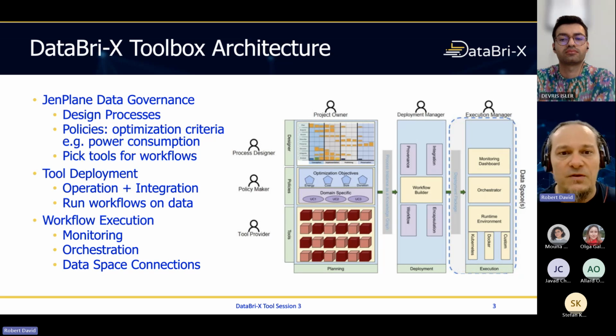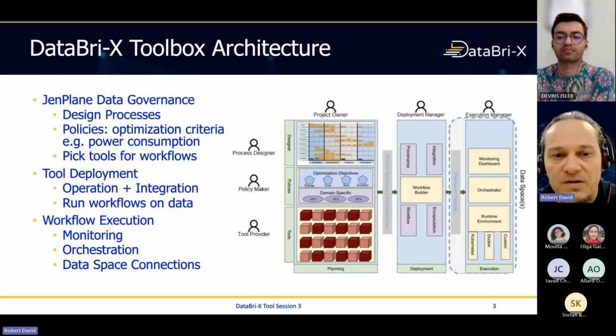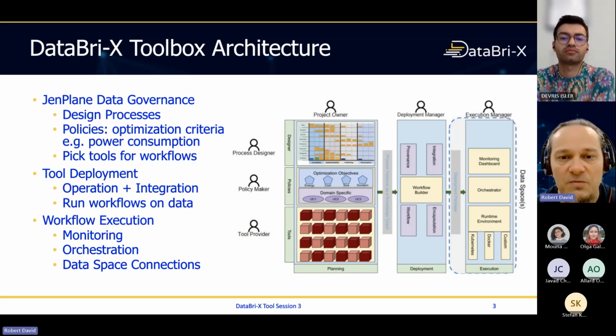Champlain puts together different tools for different purposes to create these workflows. And then with the Databrix toolbox, we can deploy these workflows and put them into operation and execute them using a Kubernetes-based platform called Argo, and also provide monitoring, orchestration, and the connection to the data spaces there while executing the workflows.